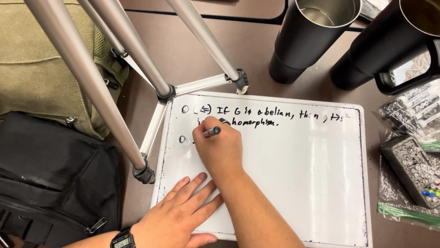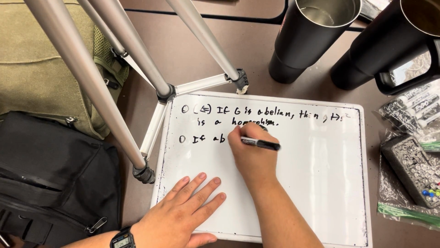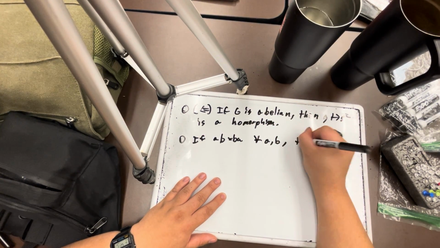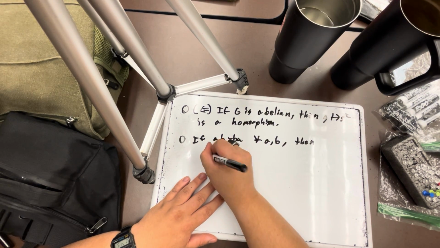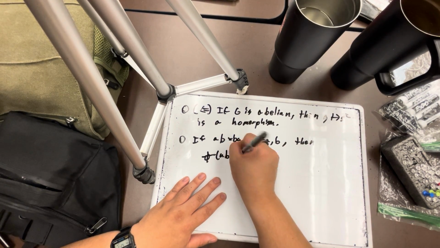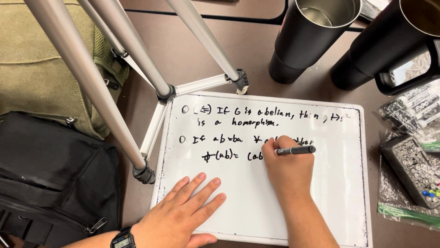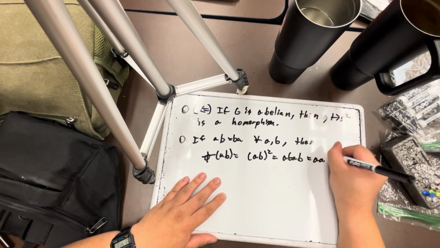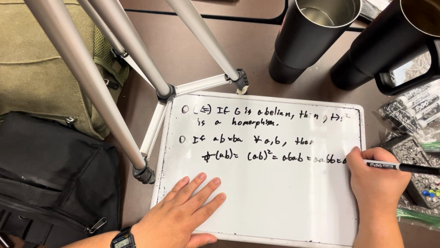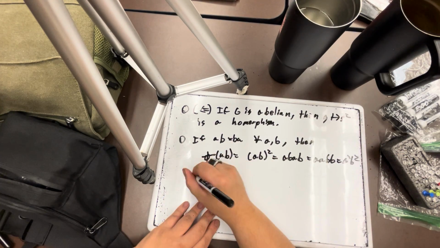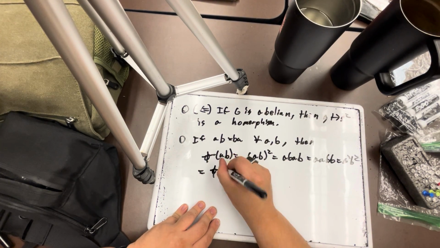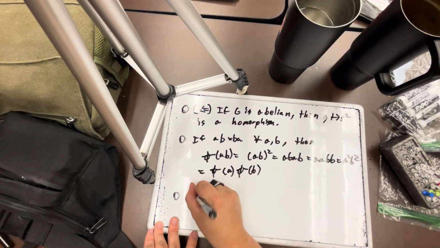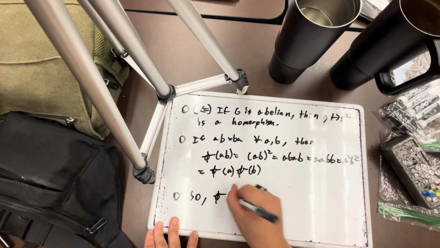Now, if ab is equal to ba for all a, b, then psi of ab is equal to (ab)^2, which is equal to abab, which is equal to aabb, which is equal to a^2 b^2, which is equal to psi of a times psi of b. So, psi is a homomorphism.